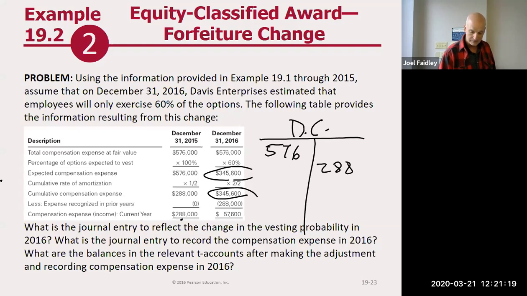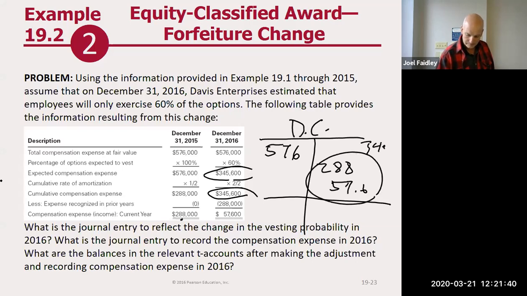Well, this is going to be 57.6, which gives you a balance of 288. Is that right? My number's off. That's 345.6. So we've got a balance there we have to do something with, don't we? 345.6 from 576.